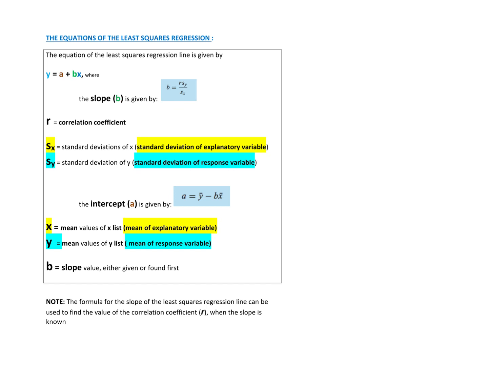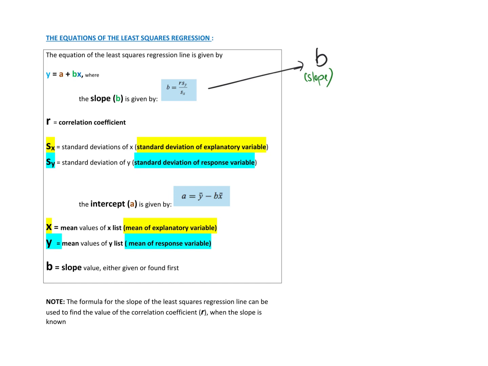So we need to find our A and B values using this formula. So you can see here, this B. We're going to find the B, which is what we said was the slope. So you can see they've given that formula there.